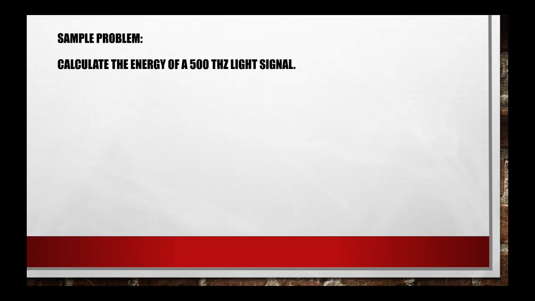Okay, so another problem, calculate the energy of a 500 terahertz light signal. So, using the formula E equal to hf, yung h natin, yung Planck constant sa calcu, ilagay mo na lang. And then, 500, ilang tera? Times 10 to the 12 hertz.